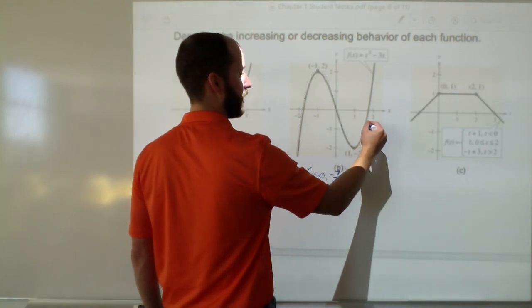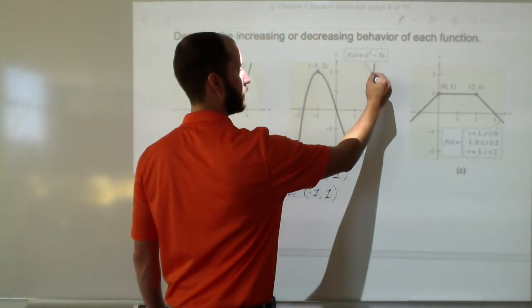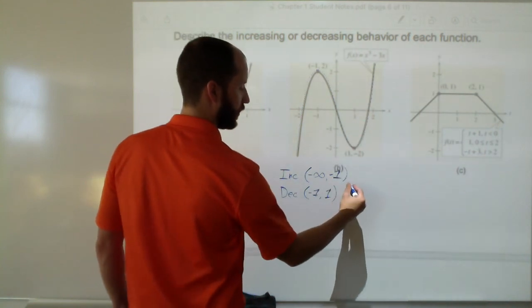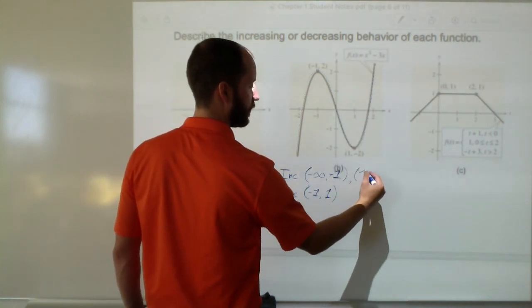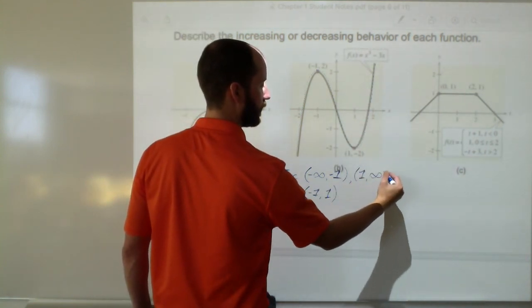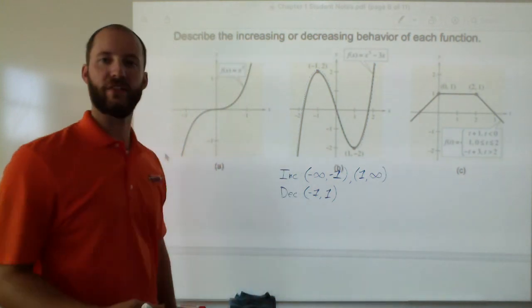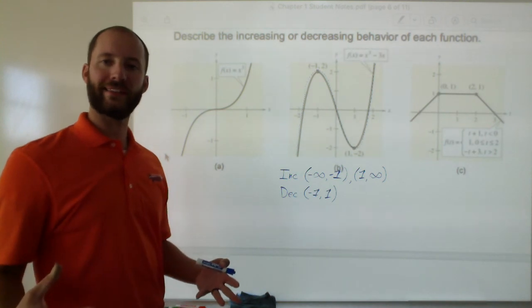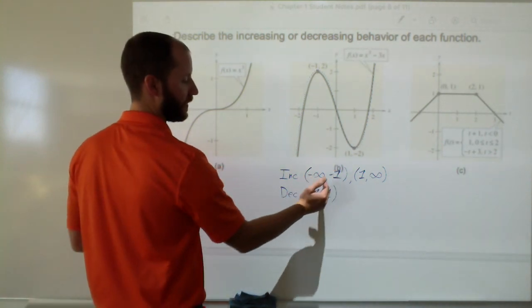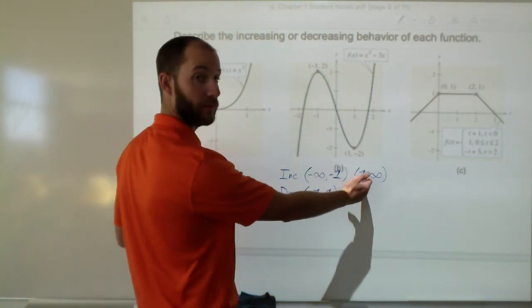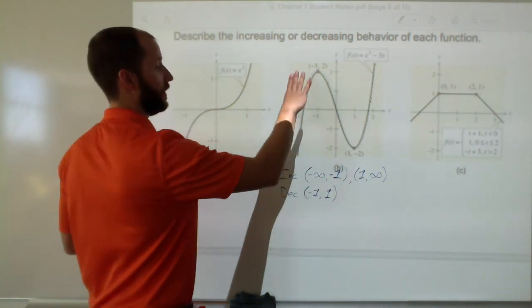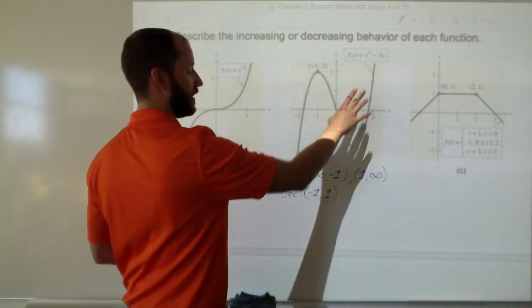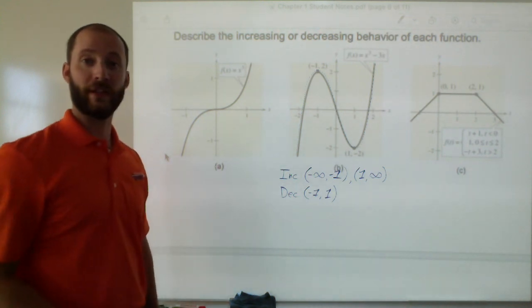And as we go left to right, we see we start going up again. So, put a little comma, from negative 1 to positive infinity. Now you should see some nice transitions here. Negative 1 to negative 1, 1 to positive 1. All right? It's increasing, it's decreasing, it's increasing. You should see that in your intervals as well.